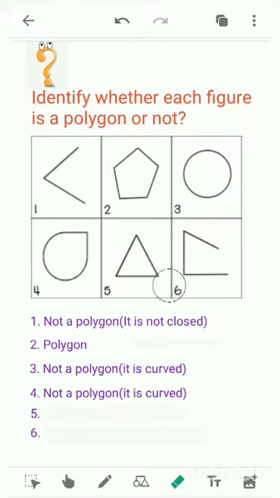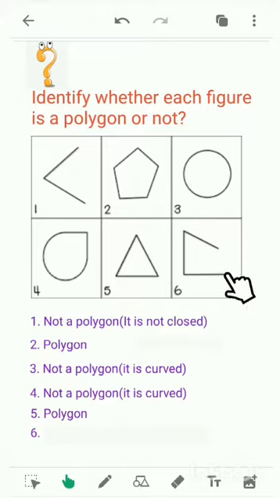What about the fifth figure? The fifth figure is a closed figure made up of 3 straight lines. Therefore, it's a polygon. Now, the last figure. This figure is made up of straight lines, but it is not closed.